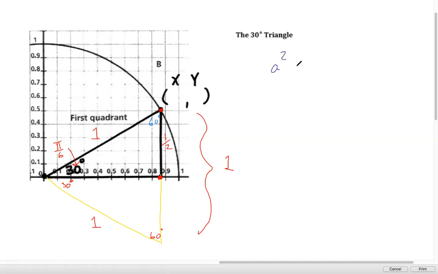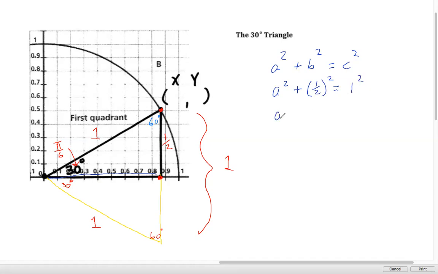If we have a squared plus b squared equals c squared, we'll call this unknown leg a squared. B squared, we'll call that length our half, so that's 1/2 squared equals c squared, that's the hypotenuse, which is the unit of 1 squared.